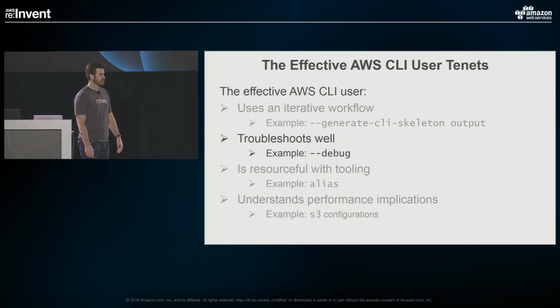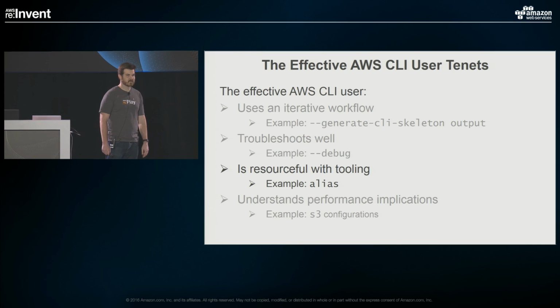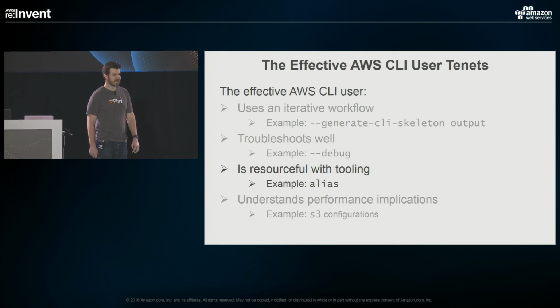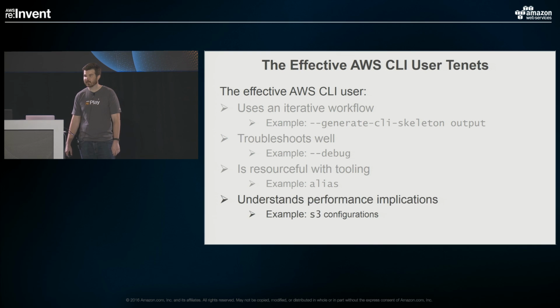There is troubleshooting well and using debug logs to get that extra bit of context you need for understanding what your CLI command's doing. In terms of being resourceful tooling, use aliases. Aliases are going to make you a lot more productive, and it's going to improve your CLI workflow. And finally, in order to understand performance implications, I talked about S3 and how that affects transfer speeds.